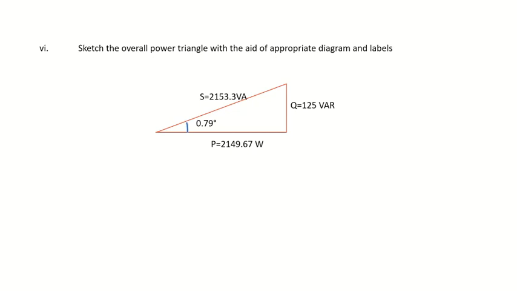Sorry, I need to make a correction here, because I made the triangle wrong. The Q must be negative, so you have an opposite direction of the Q, and also the angle there is 3.33 degrees, so please make a correction.